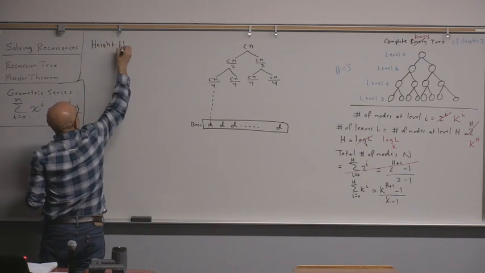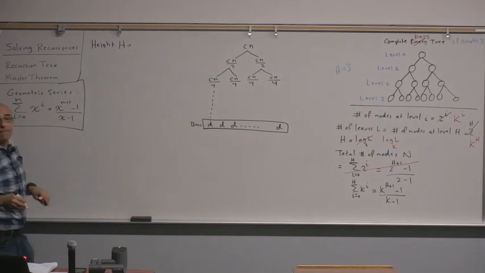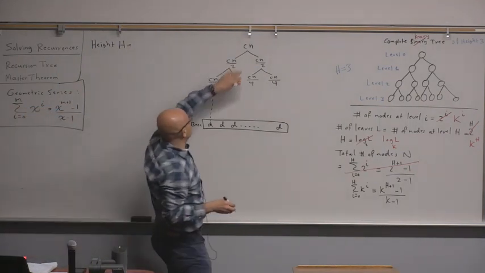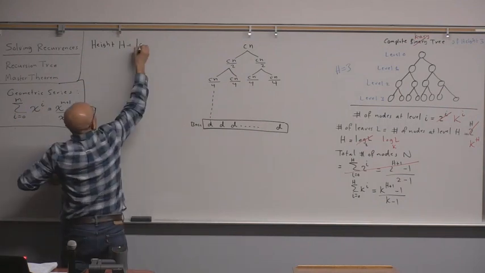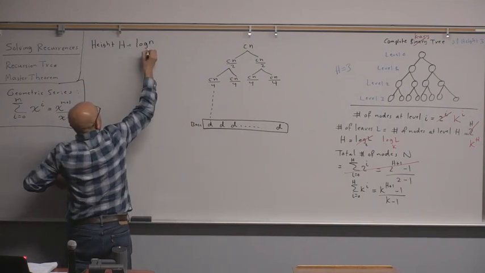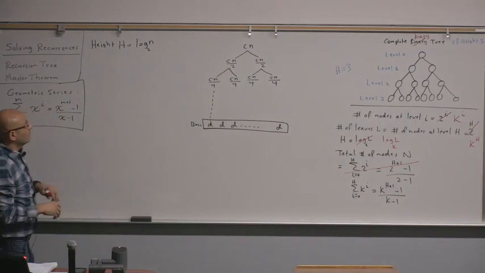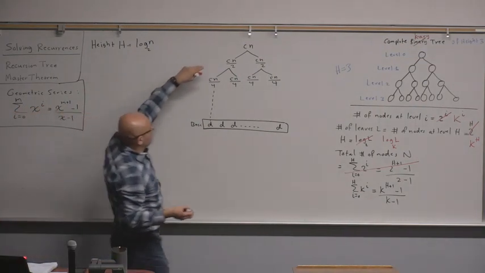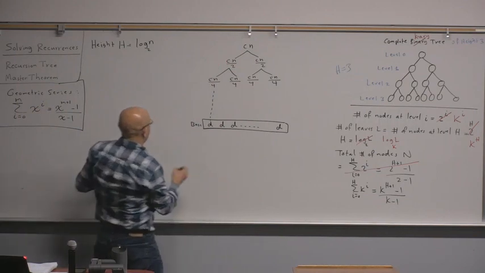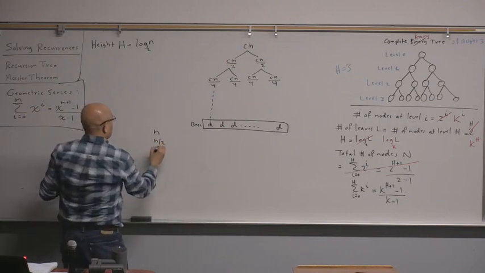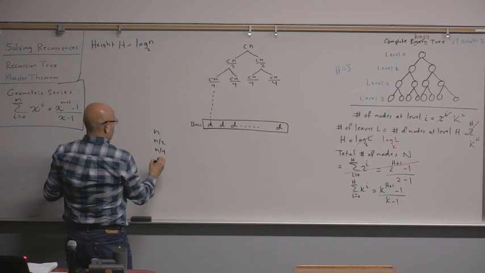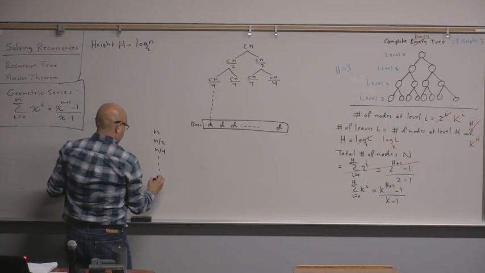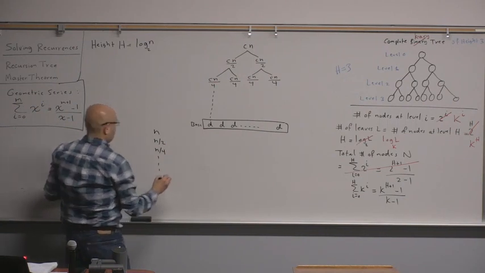Height h in this case equals what? N minus 1. So we go from n to 1, so this is log n base 2. Why? Because we are dividing: we are going n over 2, n over 4, and so forth, until we get to 1.